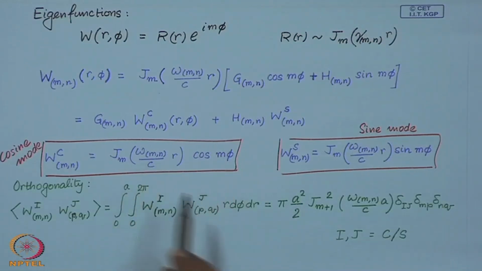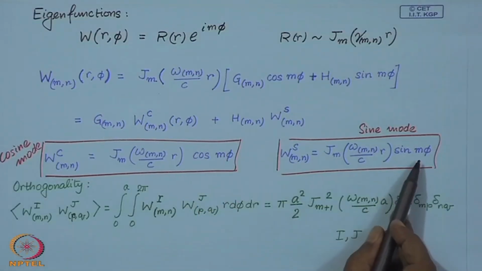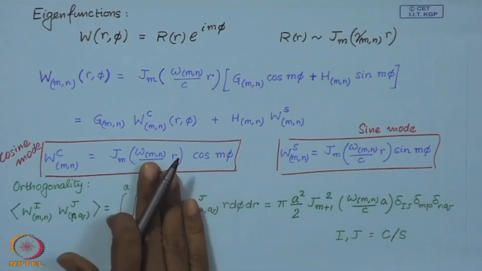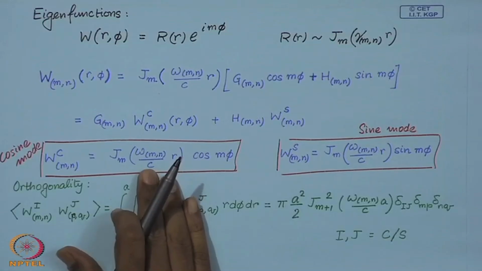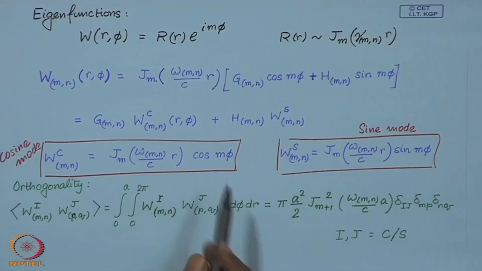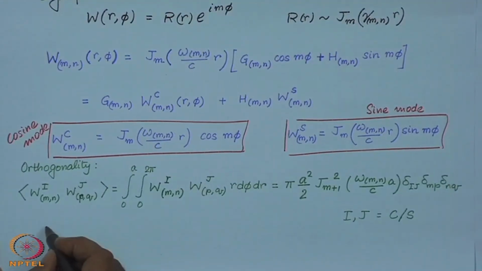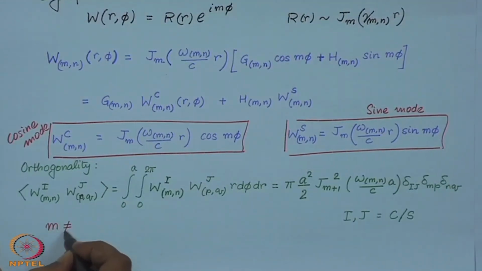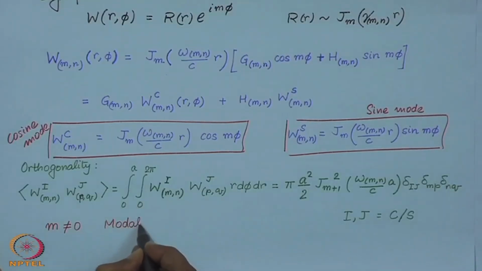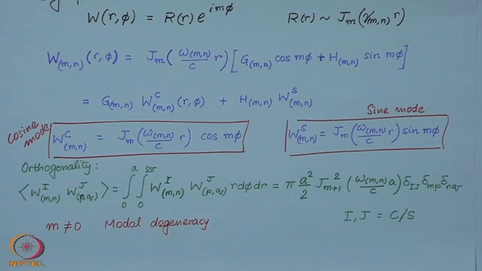And this happens only when m is not equal to 0, as you can very easily see. If m is equal to 0, then you have only this mode, you do not have this sine mode. So, for m not equal to 0, you have modal degeneracy, which we have discussed in our previous lecture.